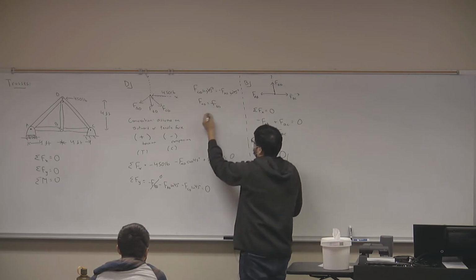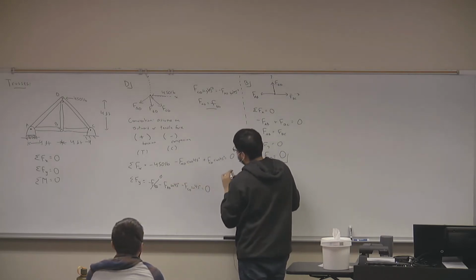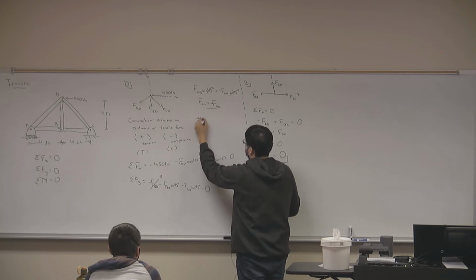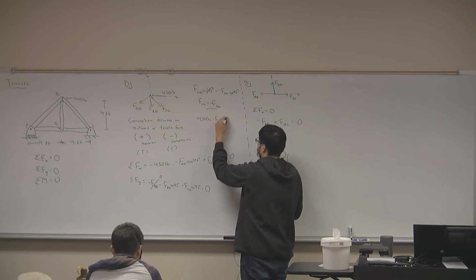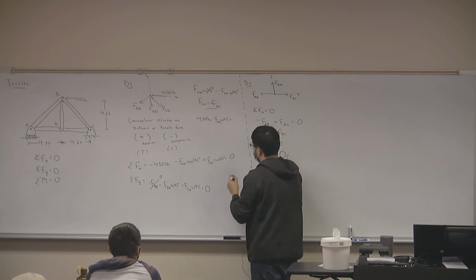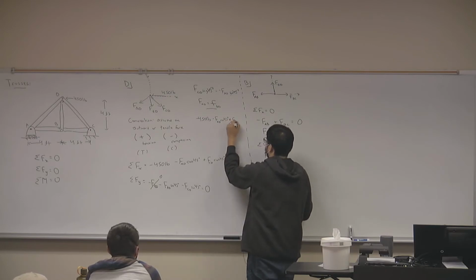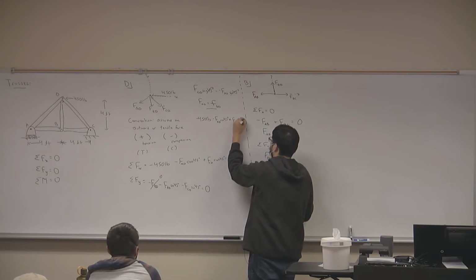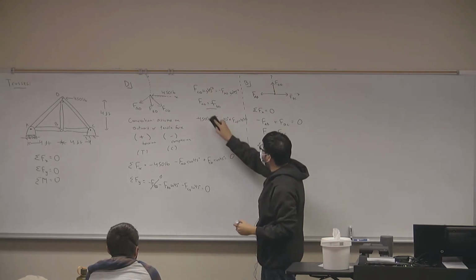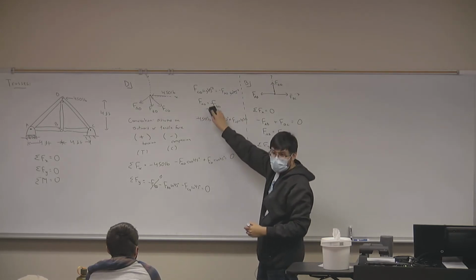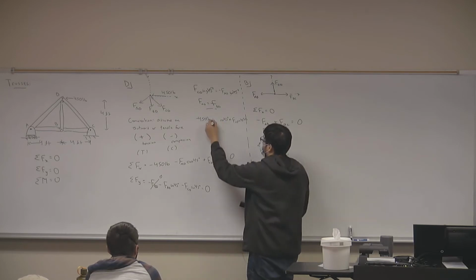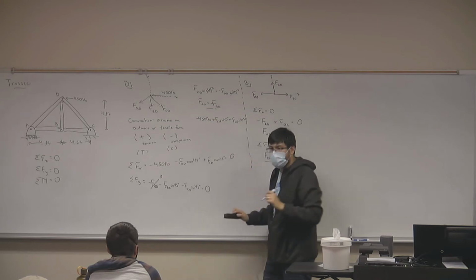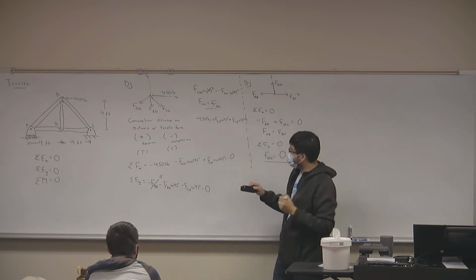But going back to my x equation, I get negative 450 pounds minus FAD cosine of 45 plus FCD cosine of 45 equals 0. But of course we said that FCD is negative FAD. So if I had negative FAD, I can simply replace it with positive FCD. And now can I solve for this? Can anybody give me that number?